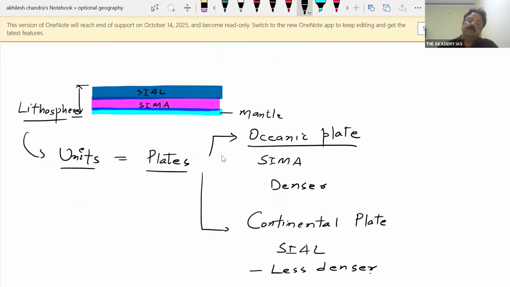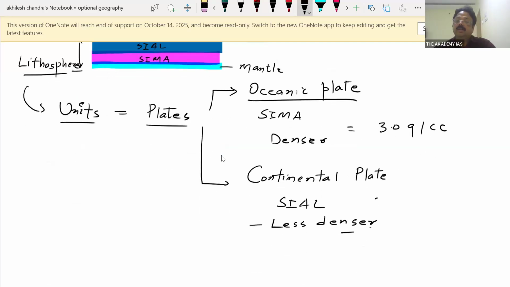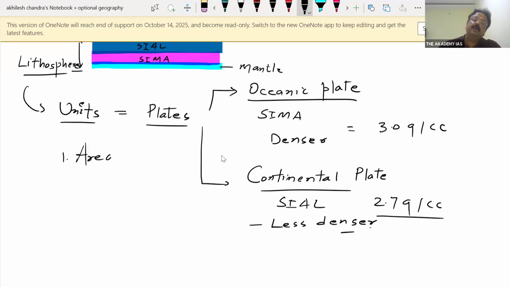The density of Sima is reaching up to 3 gram per cc, and density of Sial is 2.7 gram per cc. Okay. And the decision of oceanic plate and continental plate is first on the basis of area and second on the basis of composition.